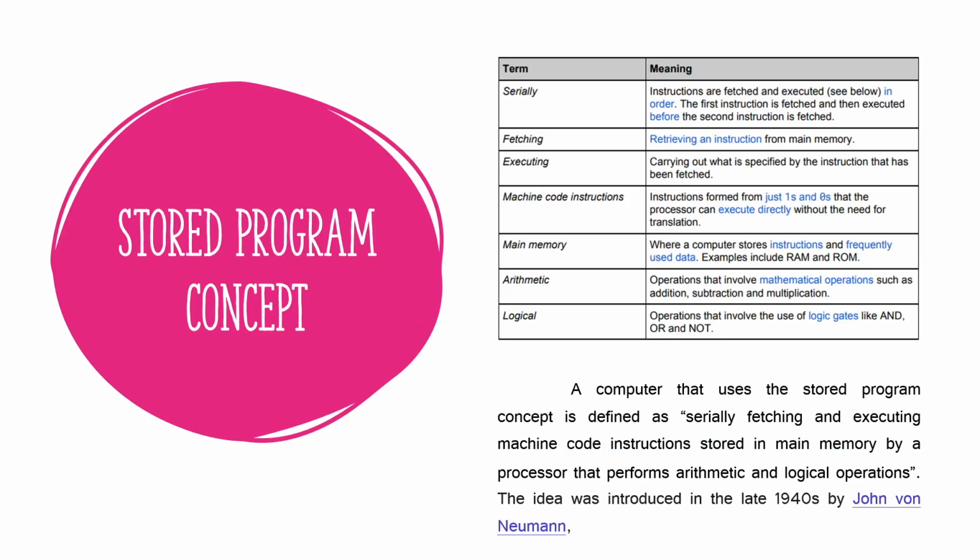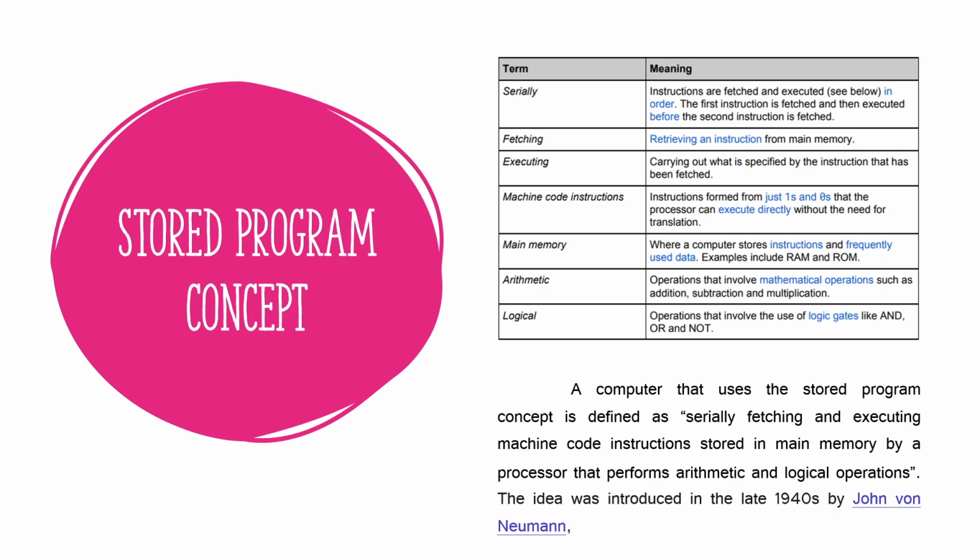Well, let's discuss now the stored program concept. A computer that uses the stored program concept is defined as serially fetching and executing machine code instructions stored in main memory by a processor that performs arithmetic and logical operations. This definition may be very complicated to some of you because it uses terminology that you may not be familiar with.